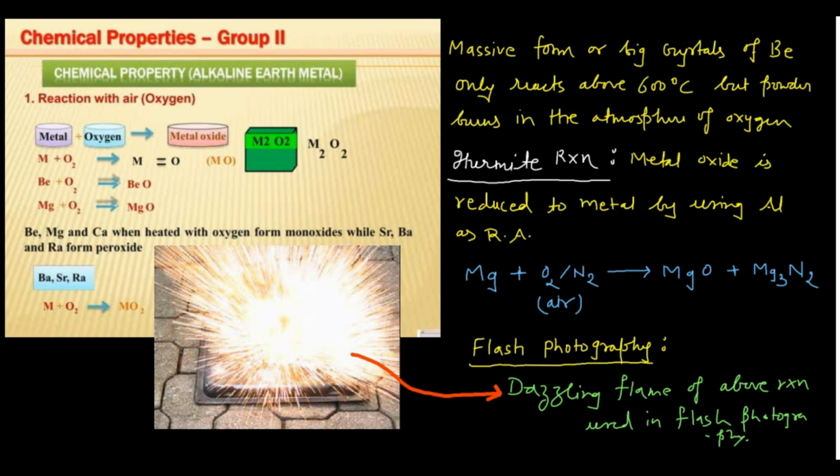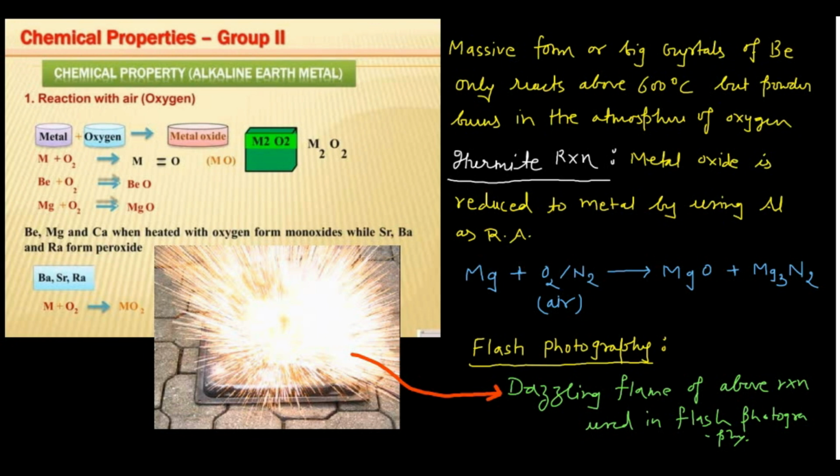While strontium, barium, and radium, however, we can exclude radium because it is radioactive, so we rather use the other compounds. But it is true that strontium, barium, and radium also form the peroxide. Why? Because their size is a little bit bigger when compared to the earlier three members, so they can cater to the bigger peroxide ions also.